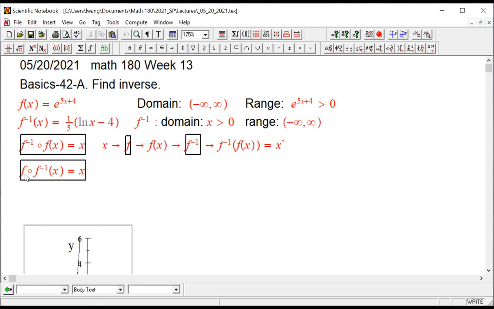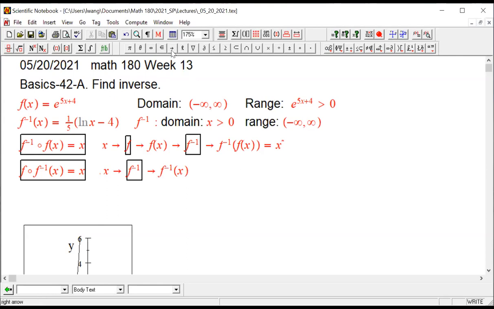On this other one, however, this x, even though they're both called x, they may not be the same. We're going to review trigonometry, and you're going to see that even better. Now, x is from the domain of f inverse. So f inverse is the first rule applied to x, because this x is from the domain of f inverse. Then it produces f inverse of x.